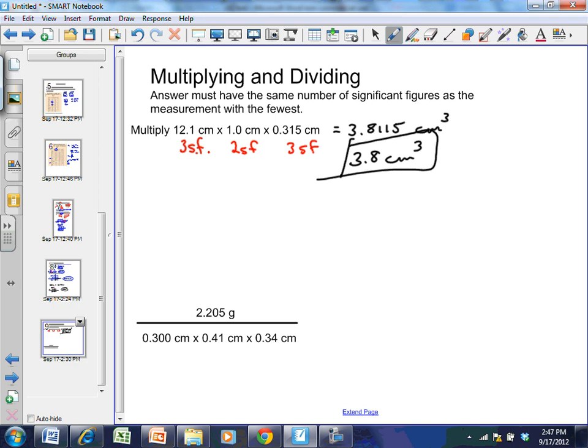Okay, and then in this one we say that's 3 sig figs, 3 sig figs, 2 sig figs, 2 sig figs, 2 sig figs, and I'm writing SF for sig figs. So our answer has to have 2, and we can plug those numbers into the calculator as you would.